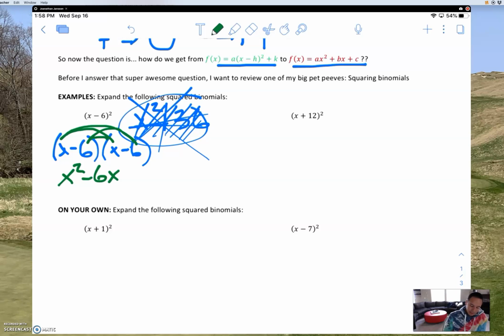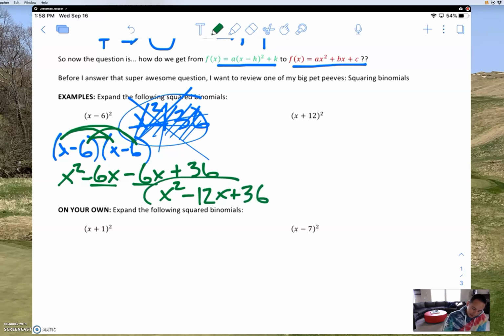So minus 6 times x is another minus 6x, and a minus 6 times minus 6 is plus 36. Then you combine the like terms, and we get x squared minus 12x plus 36. So when you square a binomial, you should end up with a trinomial. It has 3 different terms in it.